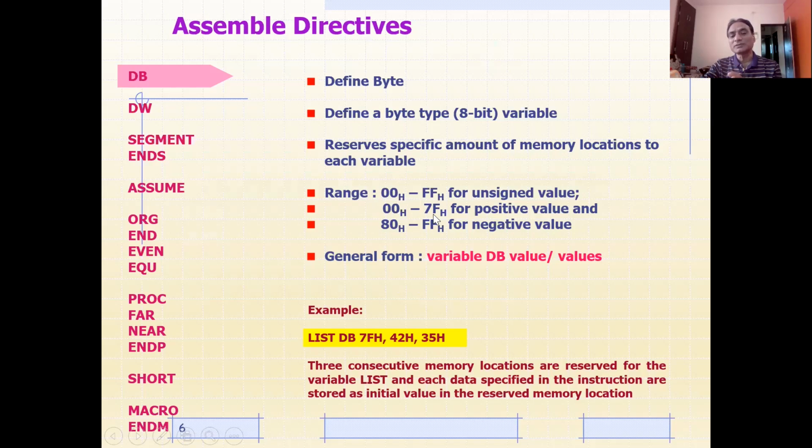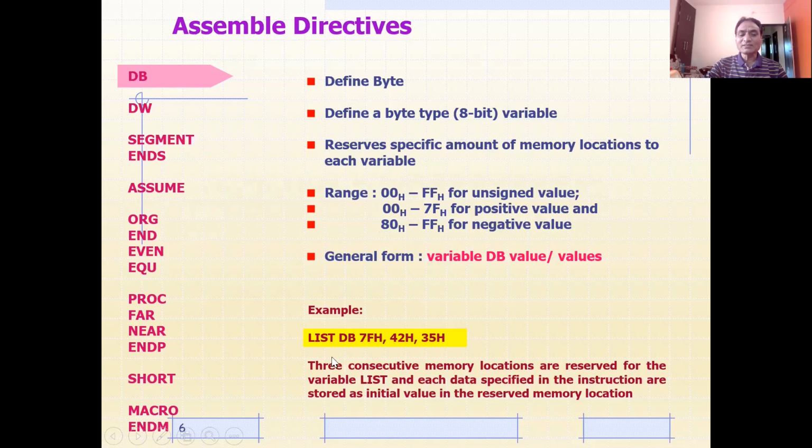For 00 up to 7F, your MSB is going to be 0, and that is why these are considered positive values. And 80 to FF, of course, we can call it 0 to minus 7F, which will be considered negative values, but as a whole we can consider 80 to FF as negative values.